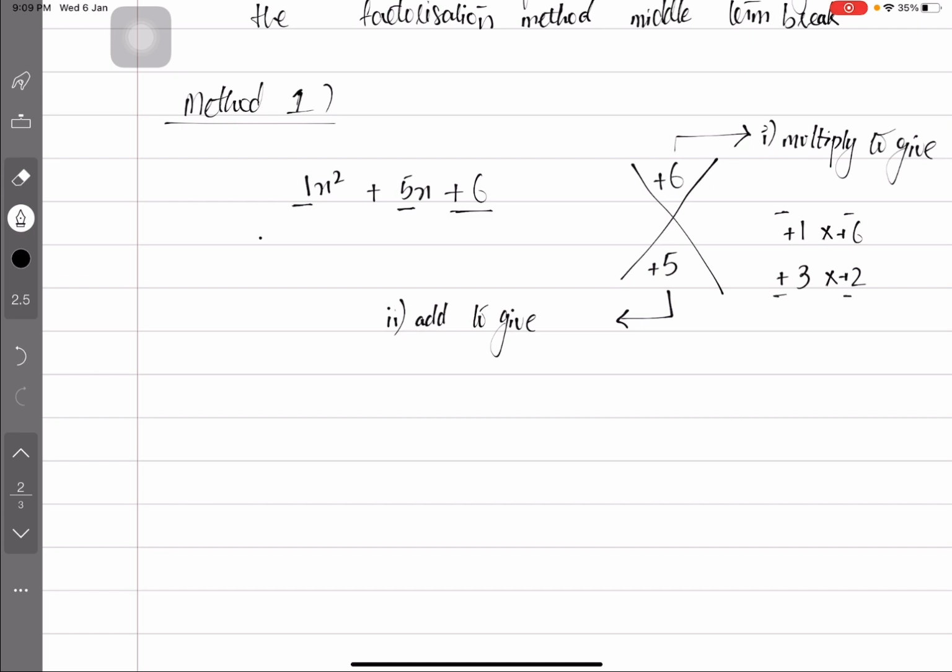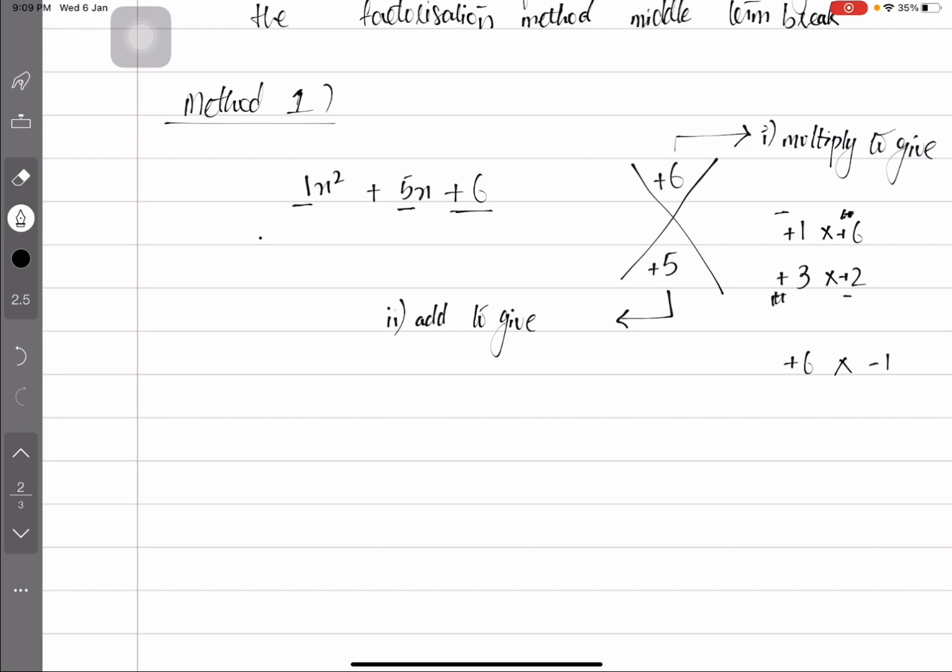Now, how to get the signs will depend on what we have in the downward box. To satisfy the second condition, we need to make sure that both these numbers add or subtract to give a positive 5.